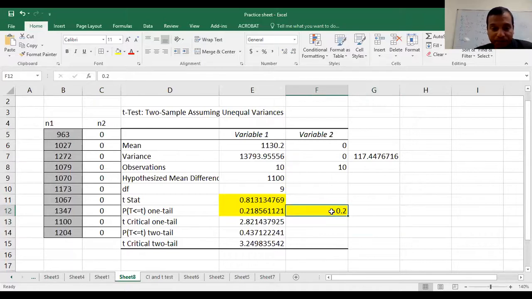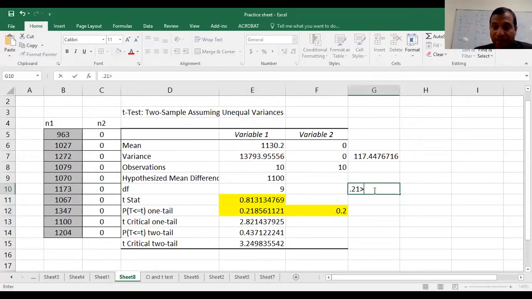So again, if you are doing the same sum on the Excel sheet and you got the one tail P value as 0.2 or 0.21, since this 0.21 is greater than the alpha value, can we say this value 0.21 is greater than the alpha value? The alpha value is 0.01. That means we should not reject the null hypothesis.